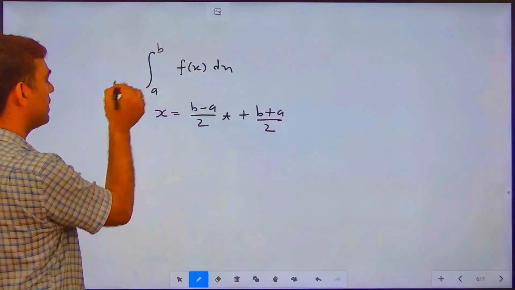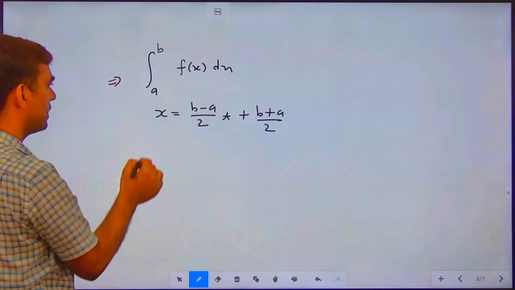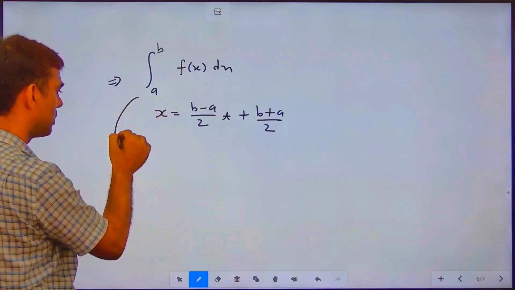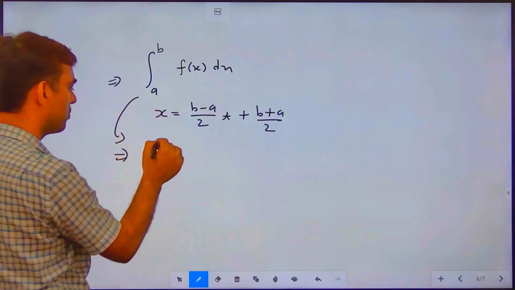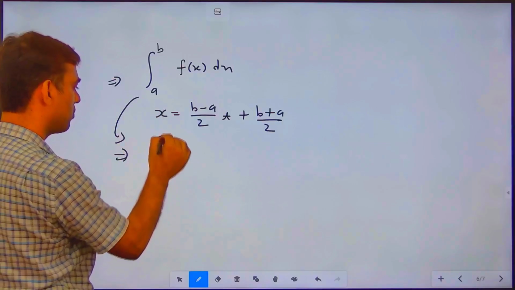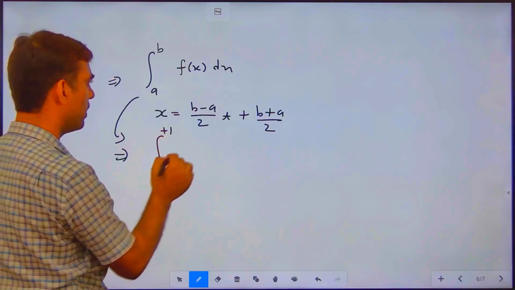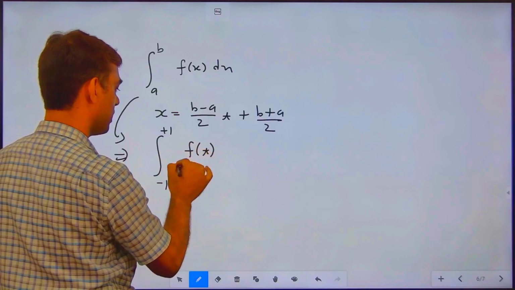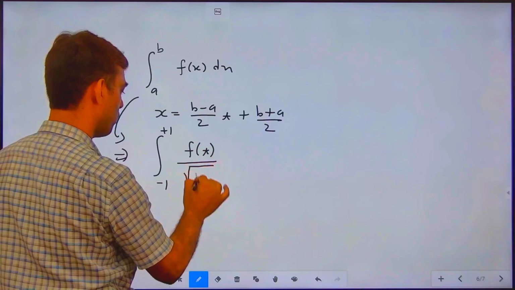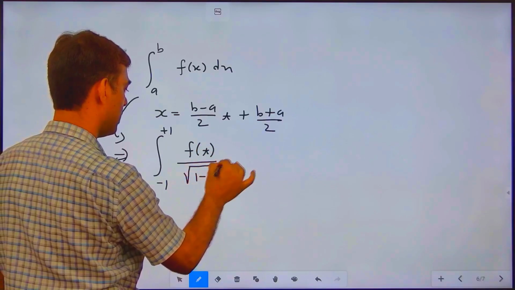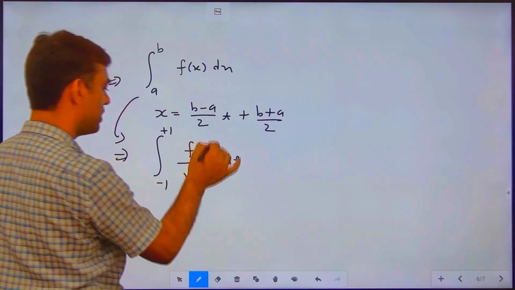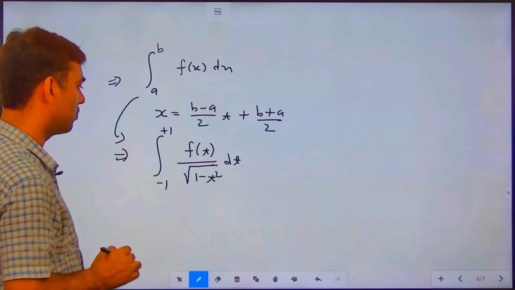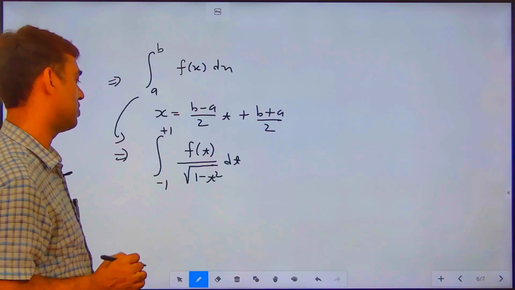Then by using this transformation, this integration can be converted to the integral from minus 1 to plus 1 of f(t) upon under root 1 minus t square dt. We arrange the function in this form, f(t) upon under root 1 minus t square.